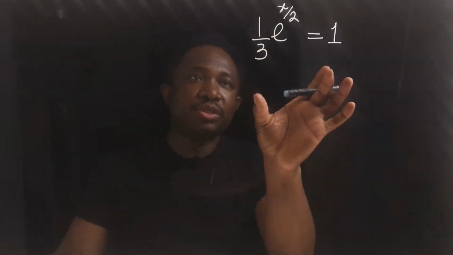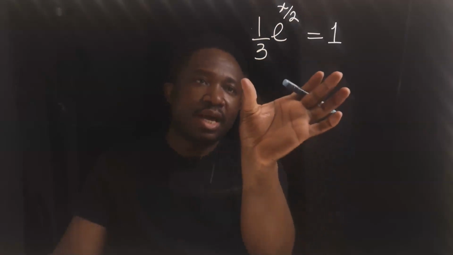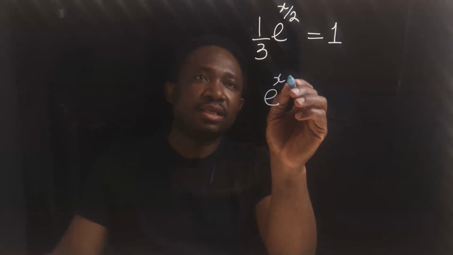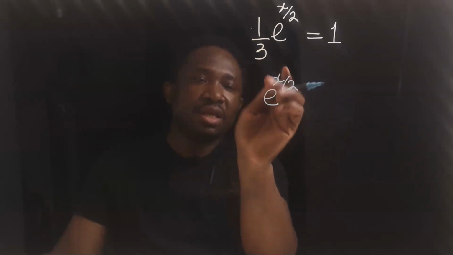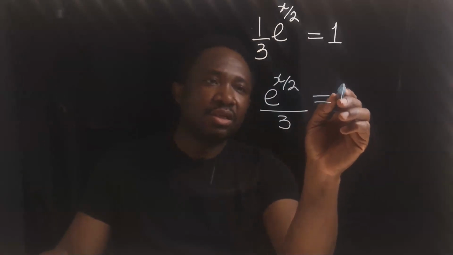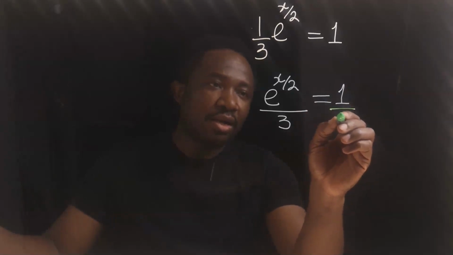In this equation, we're going to make x the subject. I can rewrite this as exponential x divided by 2. This is like divided by 3 is 1. This is like over 1.